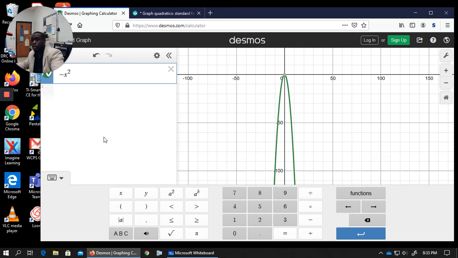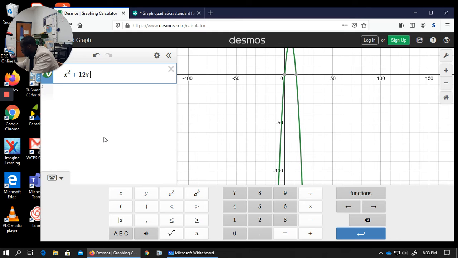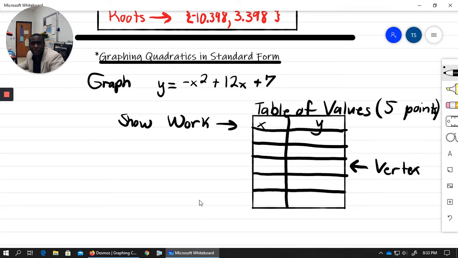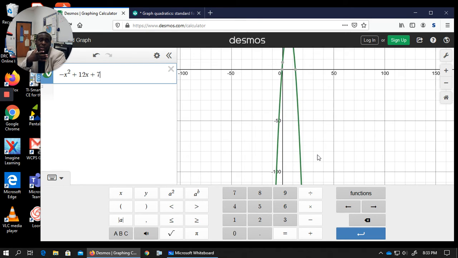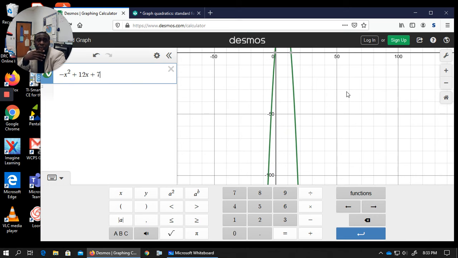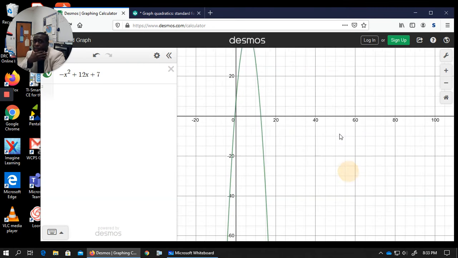That's better. Plus 7. Okay. So we've got this function here. We've got the graph of it where you can see that.